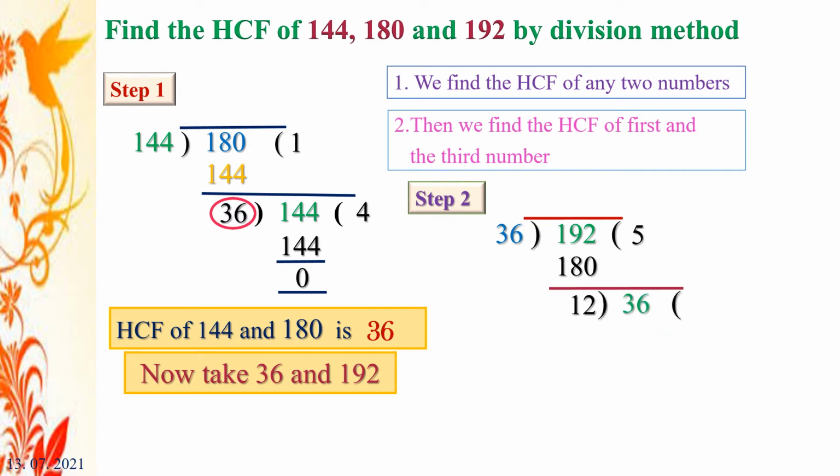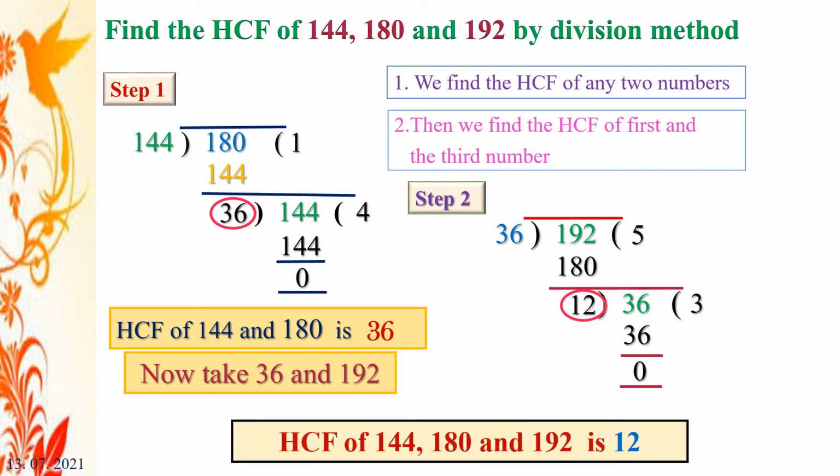How many times do we have 12 in 36? We have 3 times, so write 36. When you subtract, the remainder is 0. That means 12 is the HCF of 144, 180 and 192. Then write HCF of 144, 180 and 192 is 12.